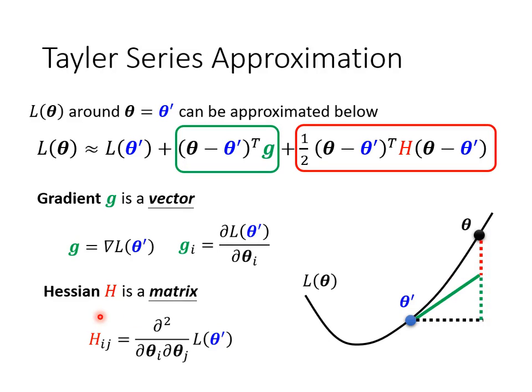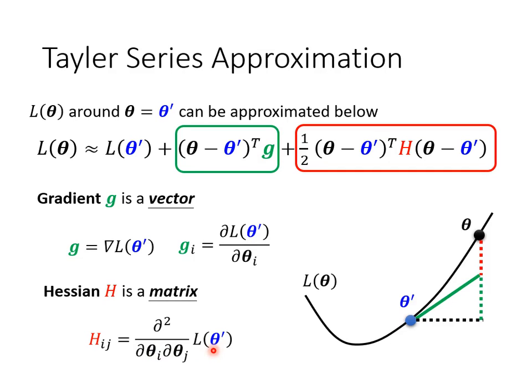What is inside this H? This H consists of the second derivative of L. What is the value of the ith row the jth column? The value of the ith row the jth column is the derivative of L with respect to the ith component of theta. Then put the derivative of L with respect to the jth component of theta.